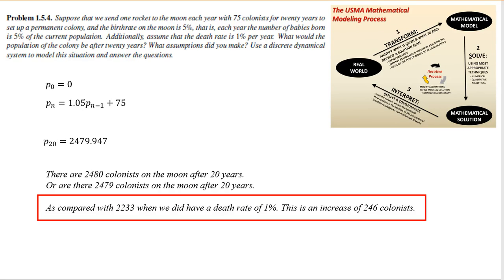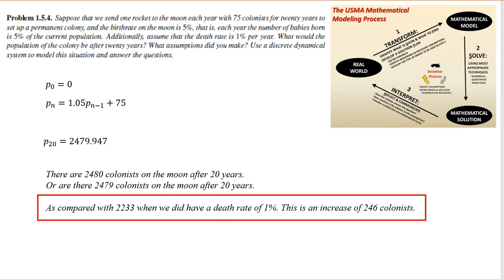We can also compare this number to the number we found when we had a death rate of 1%. As compared to 2,233, this is an increase of 246 colonists. Is this significant? Did this change in our assumption truly change the mathematical solution and our interpretation of what this means for the real world?